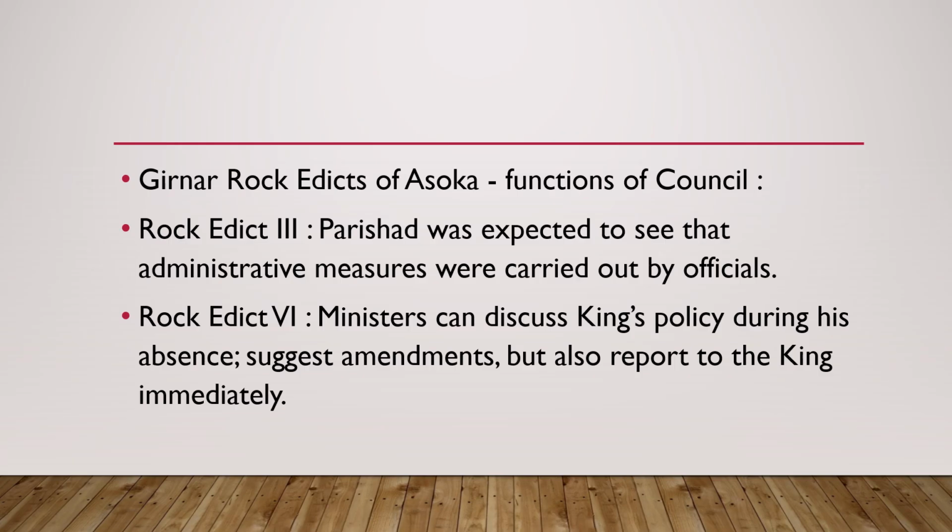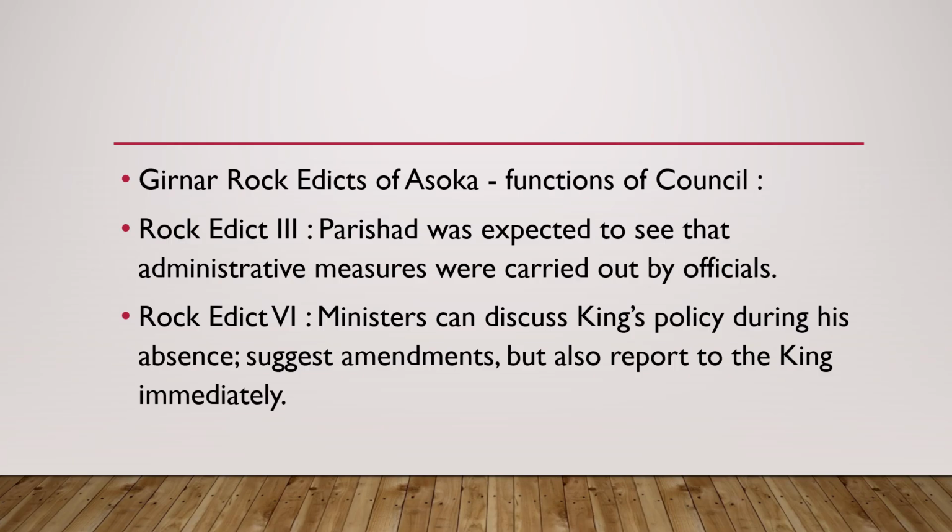For example, in Rock Edict 3, it implies that the Parishad was expected to see that new administrative measures were carried out by different categories of officials. Similarly, we have another evidence in Rock Edict 6, which mentions that the ministers can discuss the king's policy during his absence, suggest amendments, and decide upon any important matter which the king has left to them.